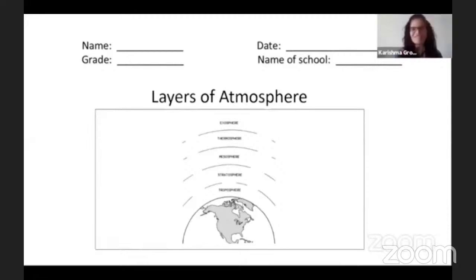You'll need to distinguish between land and water. So you can shade the land and just write the layers, name them properly. Troposphere, stratosphere, mesosphere, thermosphere, exosphere. Good job, guys. Go ahead and do it. I'll give you all 2 minutes and then I have another fun activity for you all.